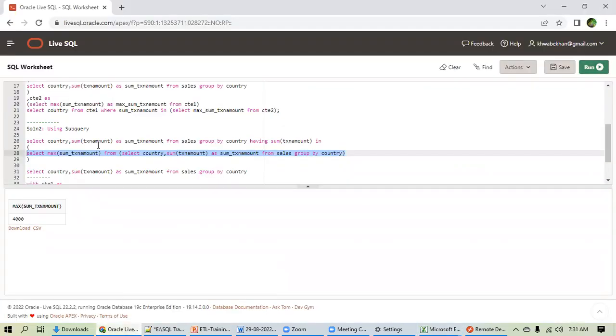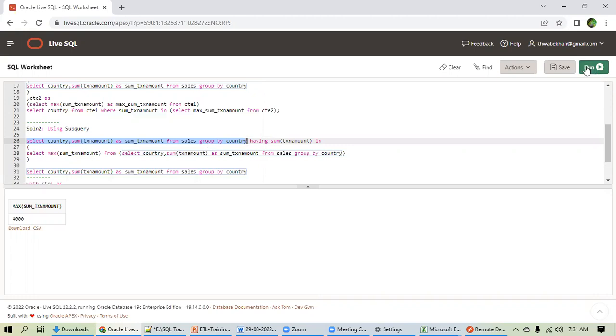Now what else? After this, I have written this query in the outer query. Here I am telling I want country, sum of transaction amount and all those things from group by country. If I execute till here, the highlighted part, I am telling the SQL engine to tell me, for each and every country, what is the total transaction amount.